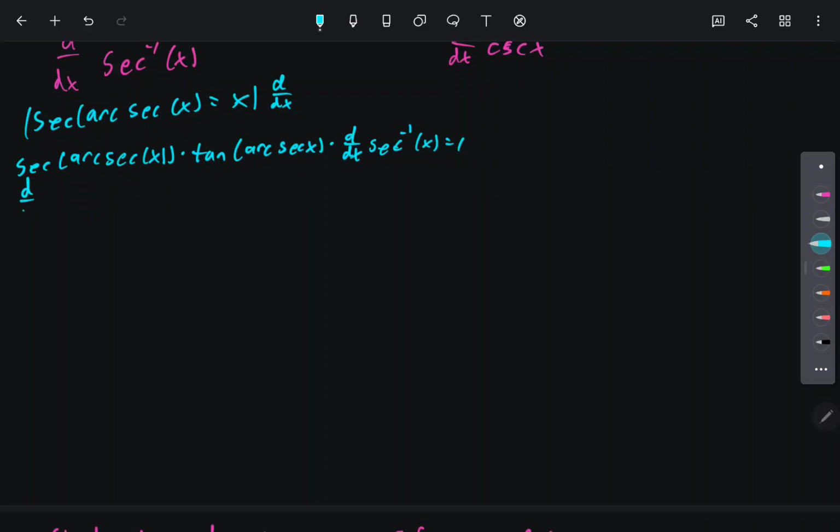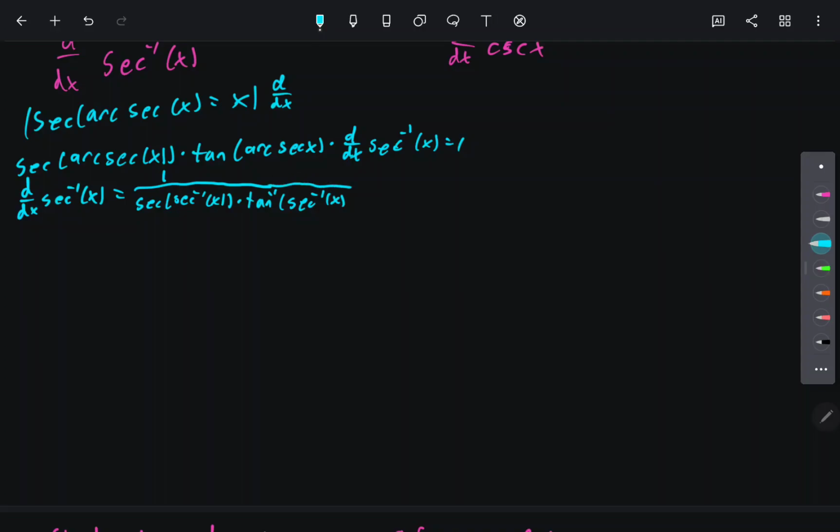So we get d over dx of secant inverse of x is equal to 1 over secant of secant inverse of x times tangent of secant inverse of x.